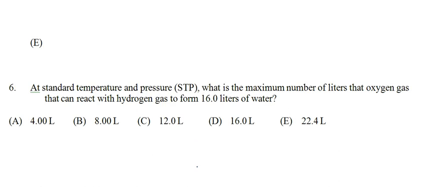Number 6. At standard temperature and pressure, or STP, what is the maximum number of liters of oxygen gas that can react with hydrogen gas to form 16 liters of water? First thing that we have to do, this is a stoichiometry problem, so we have to write out the balanced equation. So we have the maximum number of liters of oxygen reacting with hydrogen to form water.